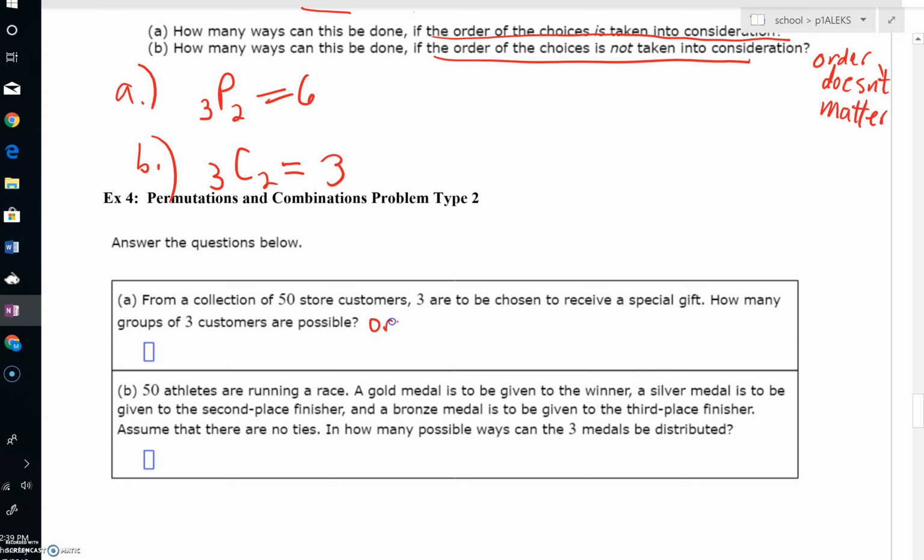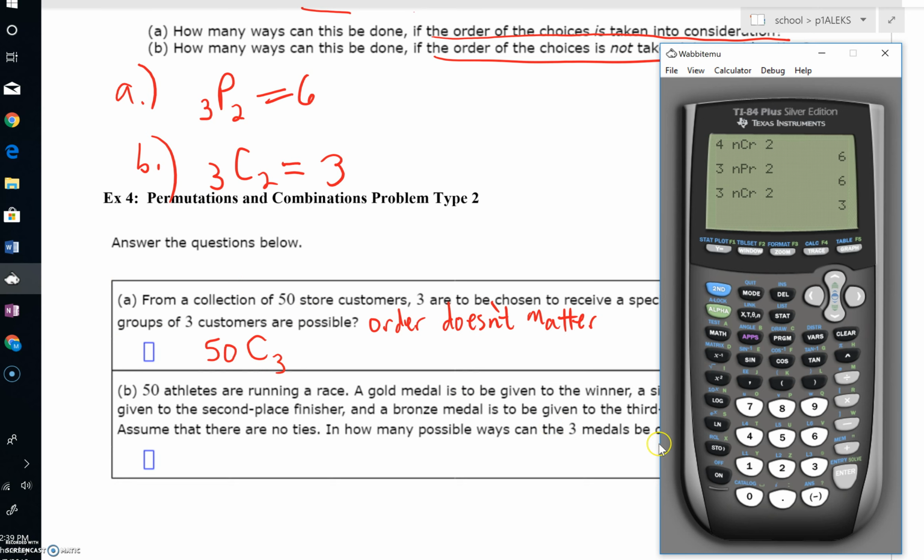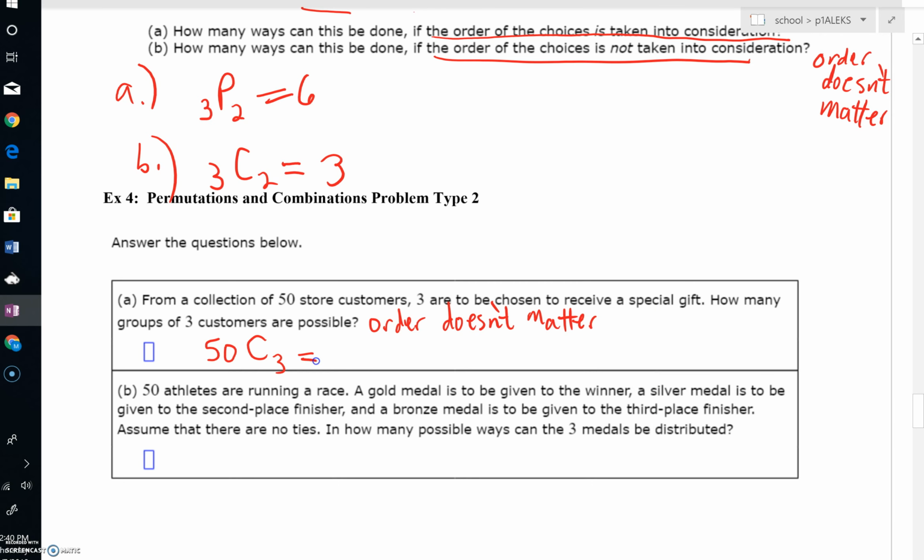In other words, order doesn't matter. Order isn't relevant, we could say. So it'll be 50 with a combination of 3 taken at a time. So let's see if we can work that out real quickly. 50, math, and we'll bring down our nCr, choose a 3, and a rather large number, 19,600.